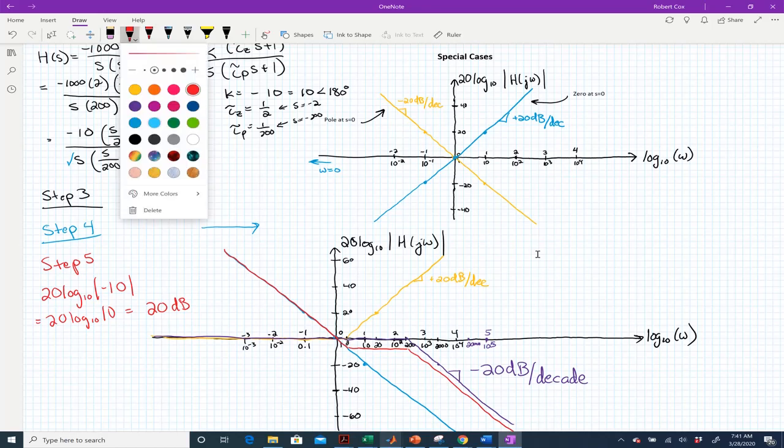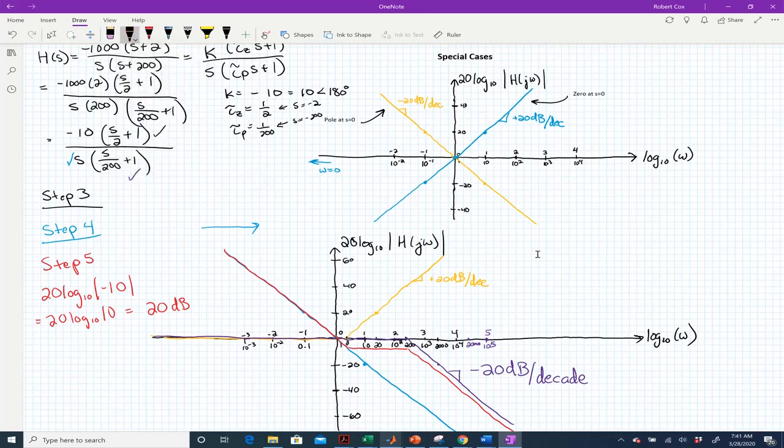So that means I need to shift the whole graph up by 20 dB. Now I'm going to go back to black. Right here, when omega is equal to 1, my red graph was at 0 dB, so I need to shift that up to 20 dB.